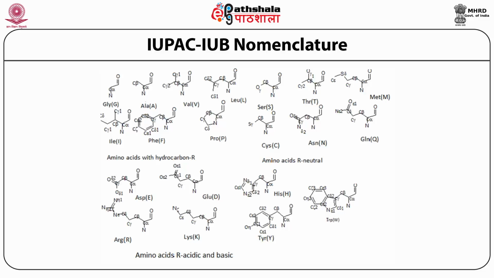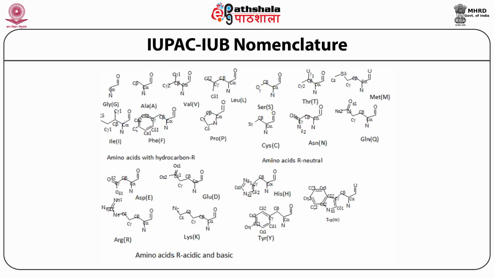Let us see a long chain, arginine. It has C alpha, C beta, C gamma, C delta, N epsilon, C zeta, N eta 1 and N eta 2. This is the longest chain.